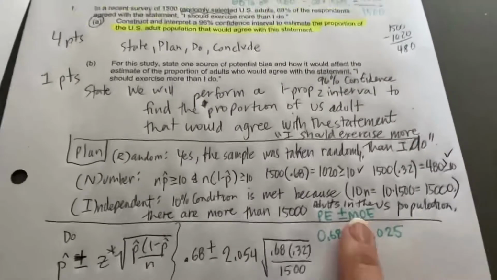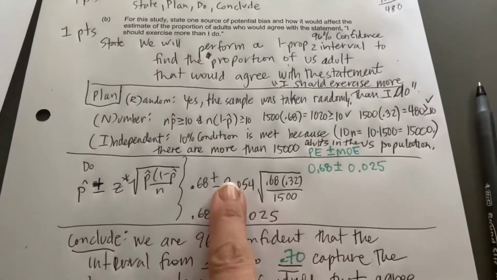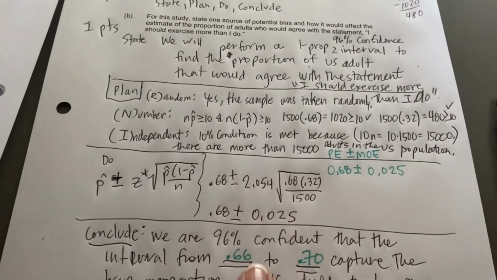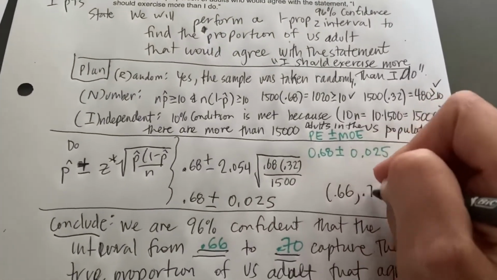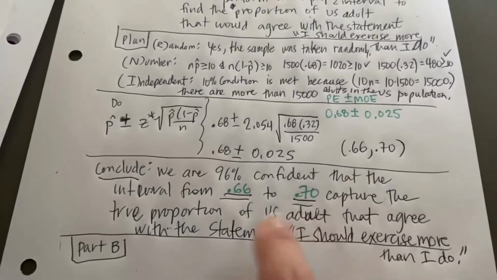Okay, so we're safe for all the conditions. Therefore, we did our formula. We created an interval. Our interval was 0.66 to 0.70. And we interpret it in the context of the problem.